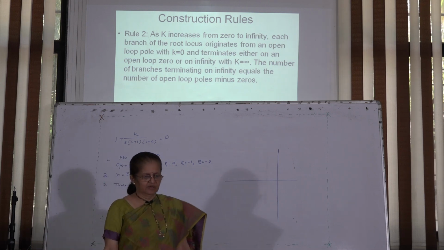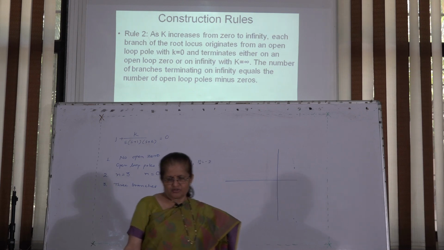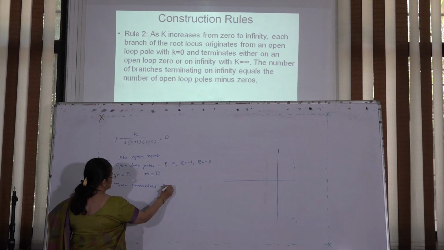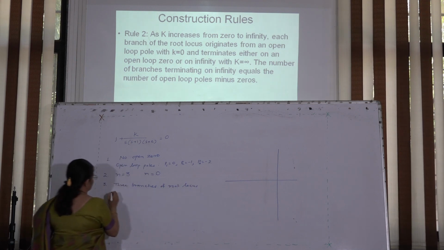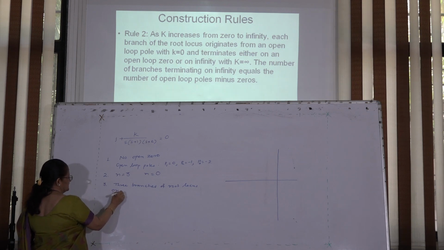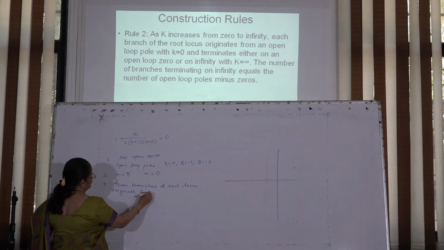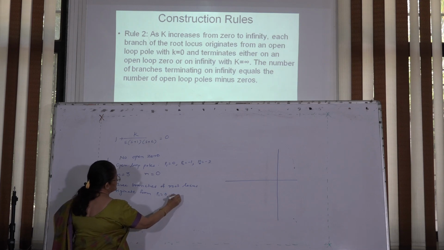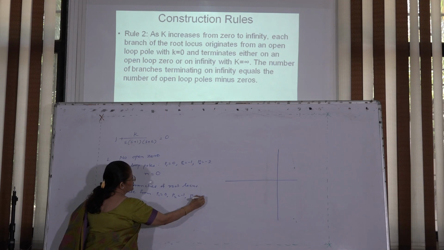There will be 3 branches of the root locus, originating from P1 is equal to 0, P2 is equal to minus 1 and P3 is equal to minus 2.